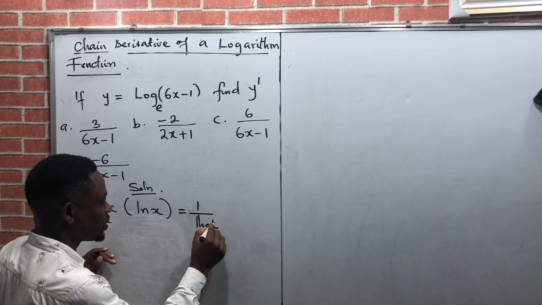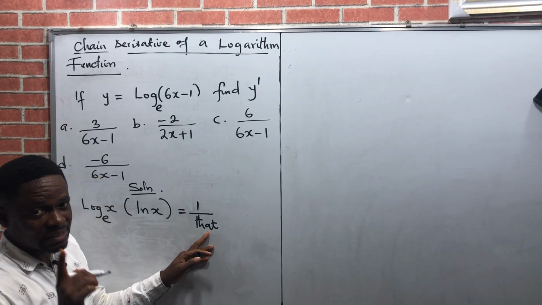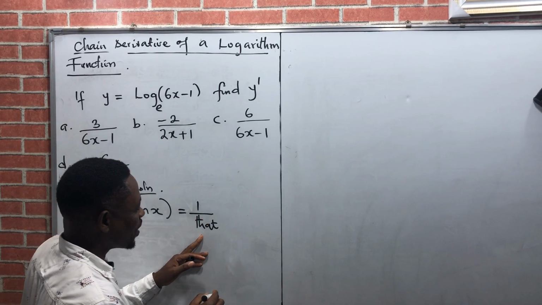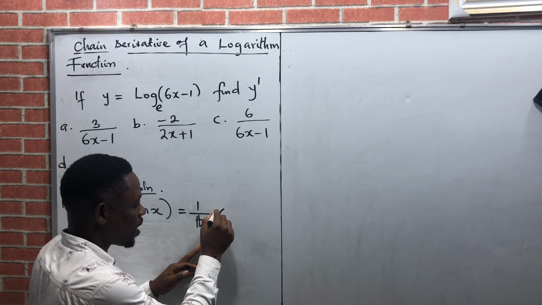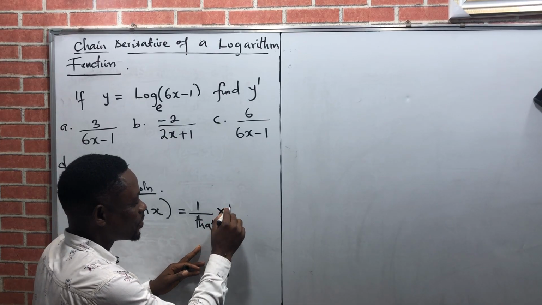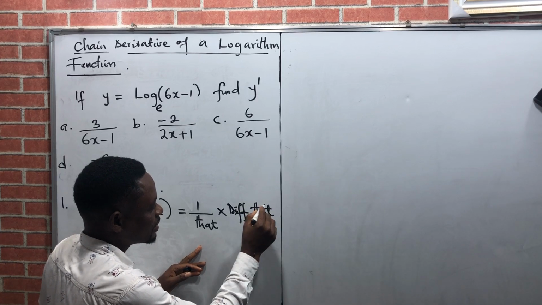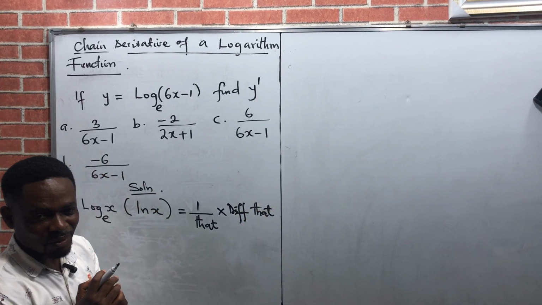That is a secret I will explain. Then you multiply by the derivative of that, differentiate that, and simplify, and that is all.